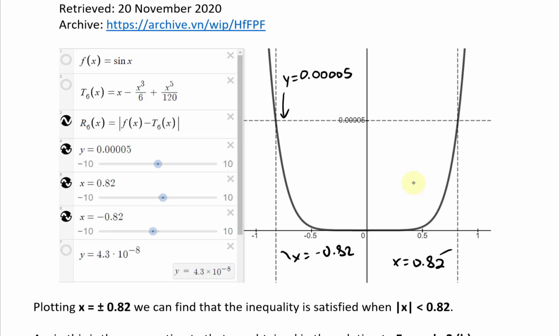Those are the vertical lines, and the horizontal one is the error, the approximation. Now you can see this is the error R6 of x, and it's exactly within that. So it's still within this error bound between those two values for x.